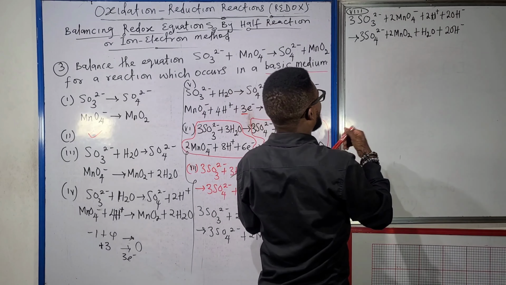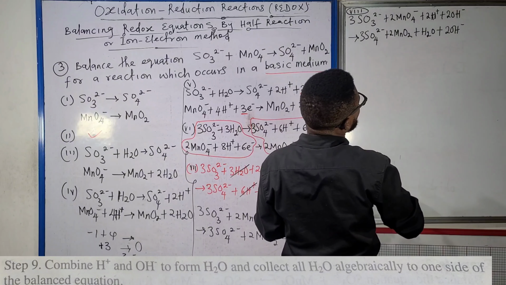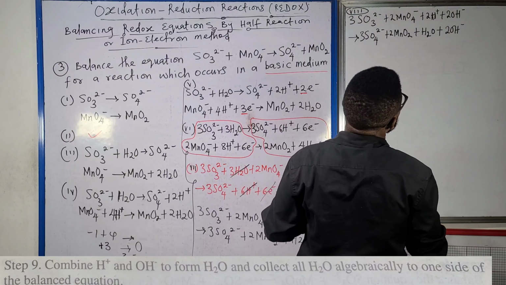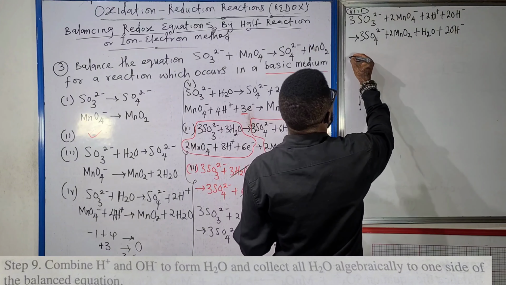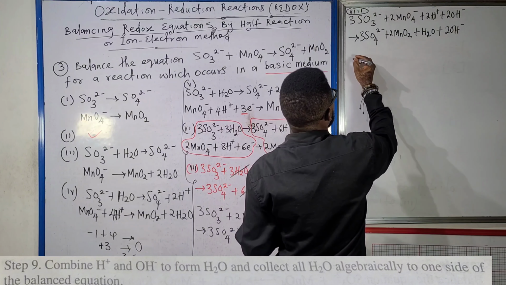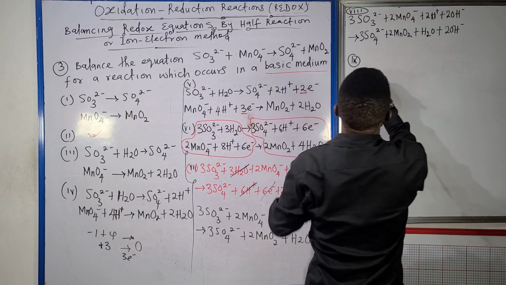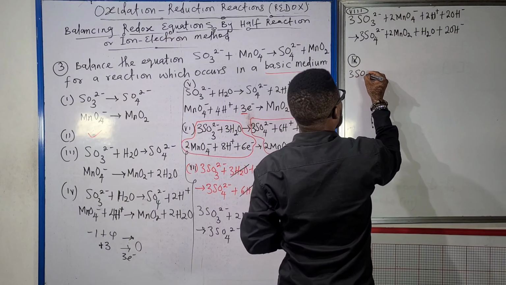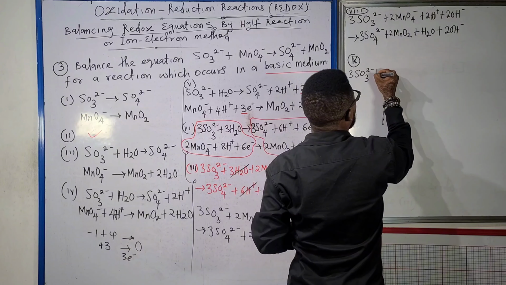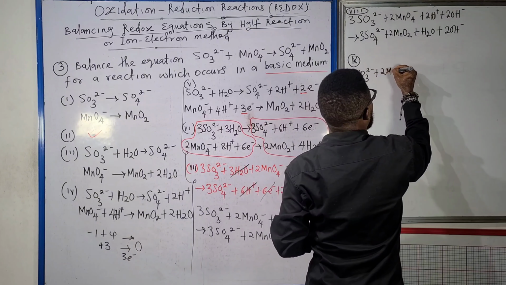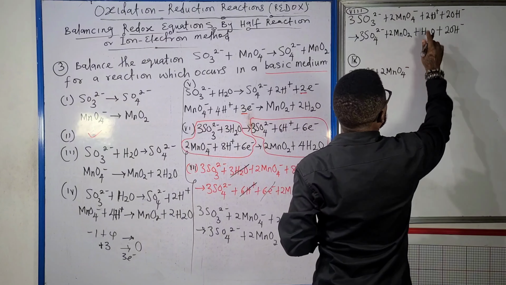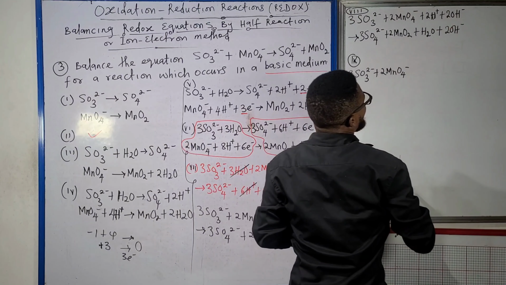For step 9, what I'm going to do is that I'm going to collect the hydrogen ion and the hydroxyl ion together. For step 9, you look at it. 3SO3 2 minus plus 2MnO4 minus, 2H plus and 2OH minus.